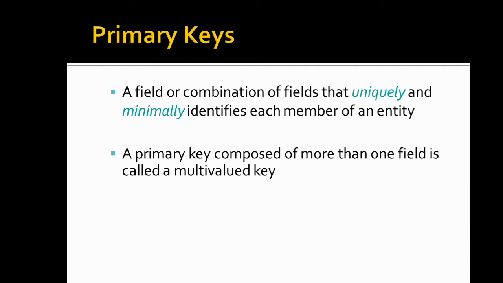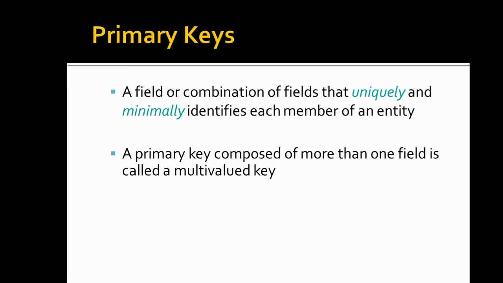A primary key is a field or combination of fields that uniquely and minimally identifies each member of an entity. That's what is important here. It should be unique and minimal. So for example, if we have an entity student, most probably the field that will identify the student, the primary key, is the student number.